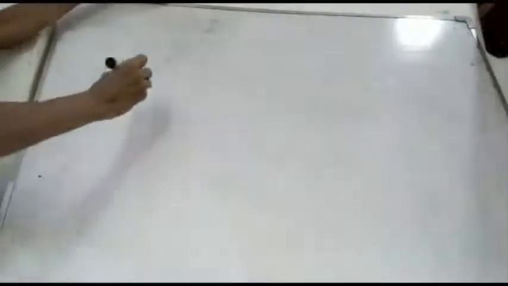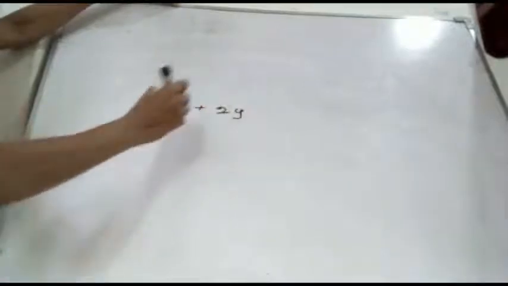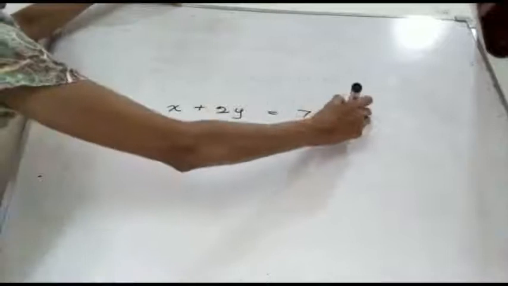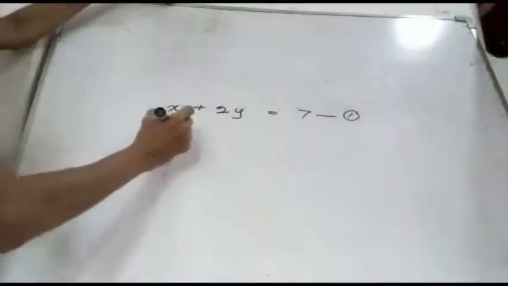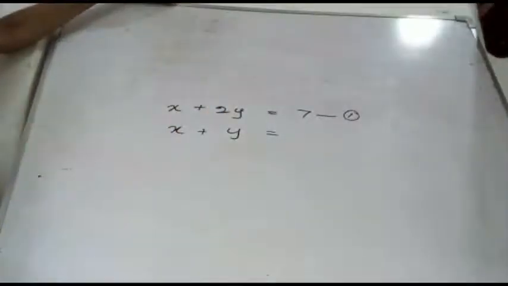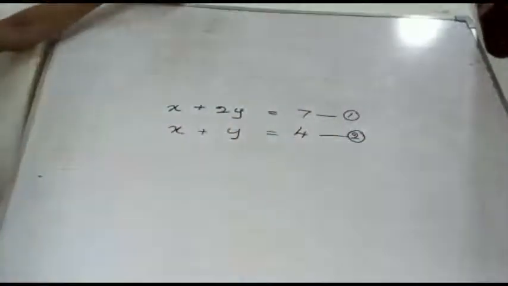Solving simultaneous equations using subtraction. x plus 2y is equal to 7 is the first equation. x plus y is equal to 4 is the second equation.